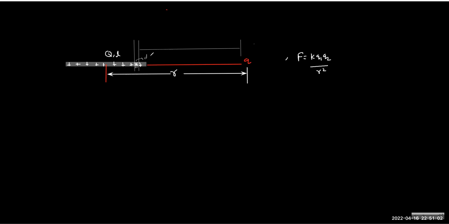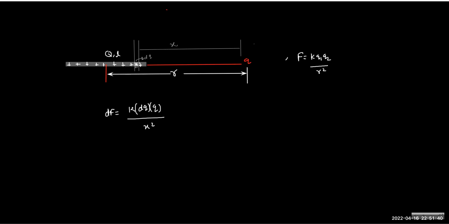This charge you can call dq, and the distance you can call x. Now we can write the formula of force as df, that's an elementary force, so k dq into q upon x square, right?